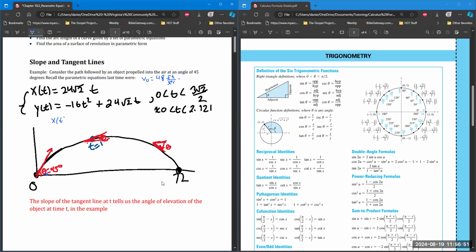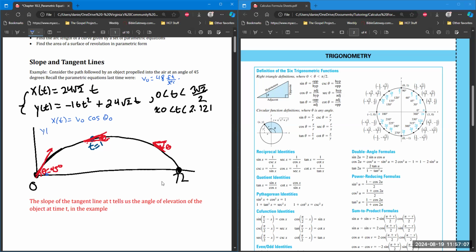So x of t is going to be equal to v naught, this number right here, times the cosine of this initial angle. They'll call that alpha in physics, but I'm just calling it my initial theta right here.